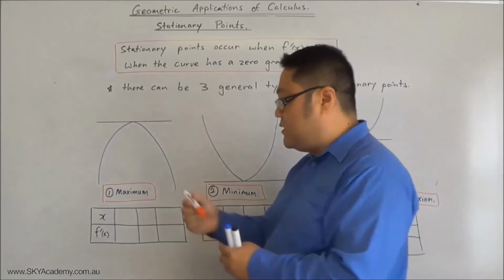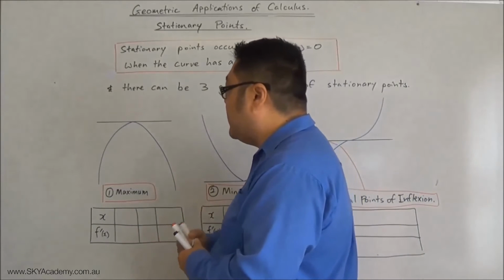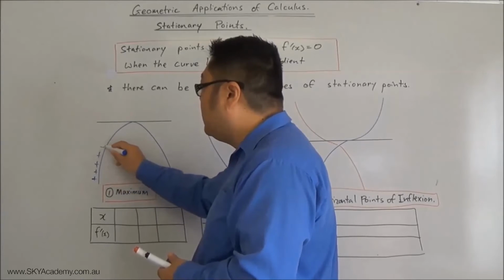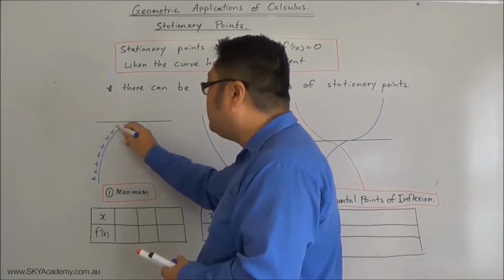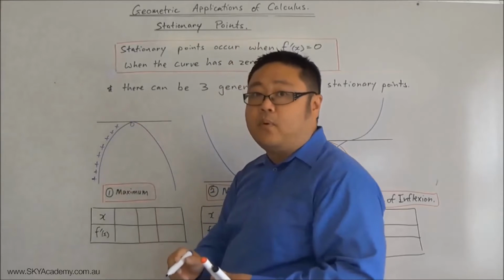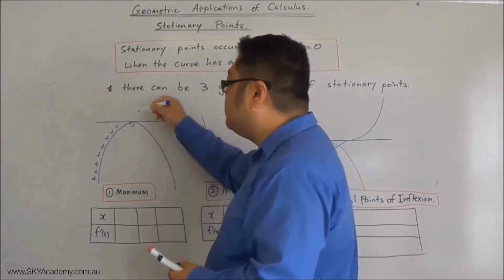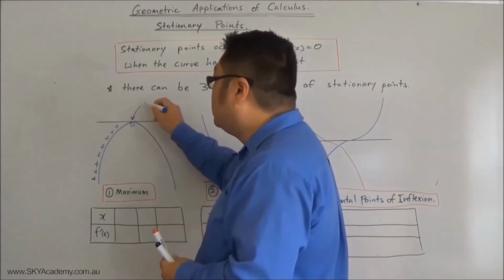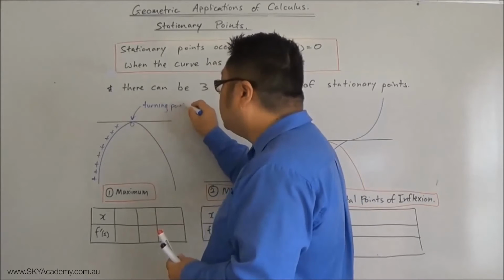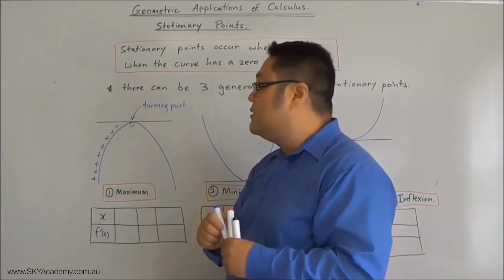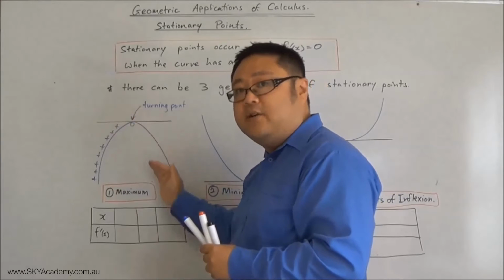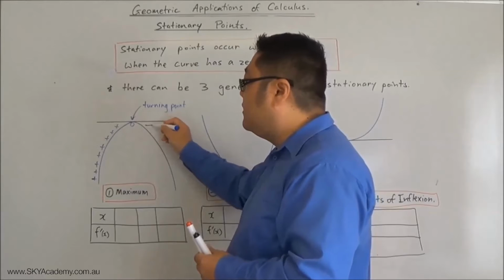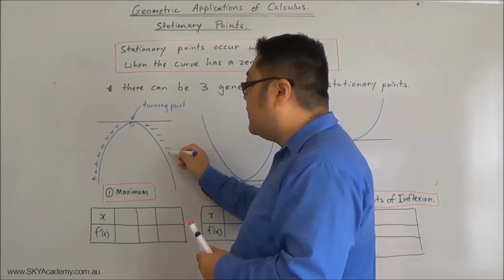So f dash of x is positive here, positive there, and then it's zero at this point. This point is a special type of stationary point called a turning point, because the curve turns in on itself and goes the other direction, from a positive gradient to a negative gradient.